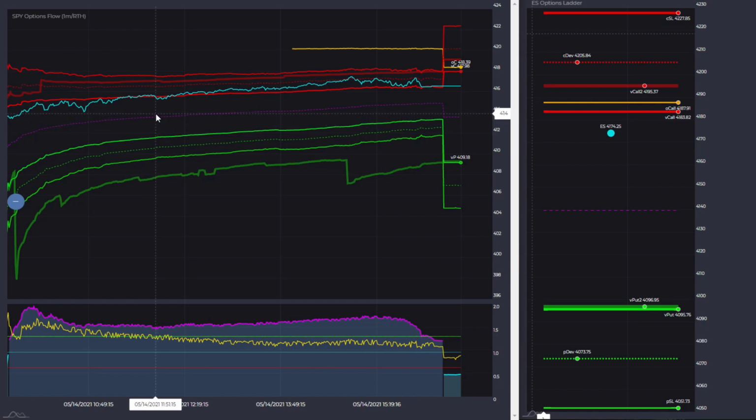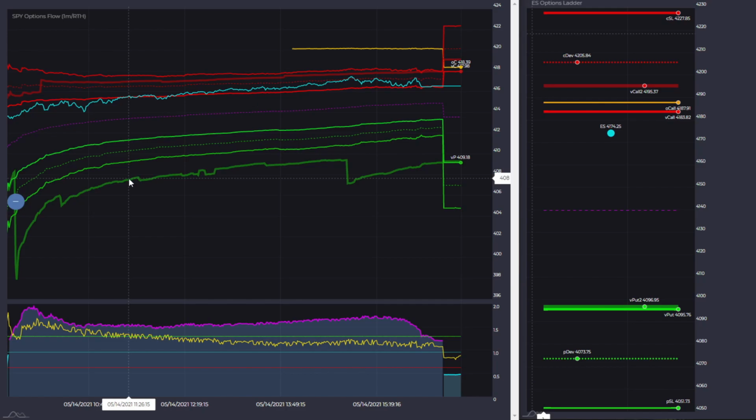So whenever I look at this chart, I can see, first of all, what's the average expected range. You can see the highest red line and the lowest green line. These are the extreme deviations of price that can occur today based on the option traders' expectations.